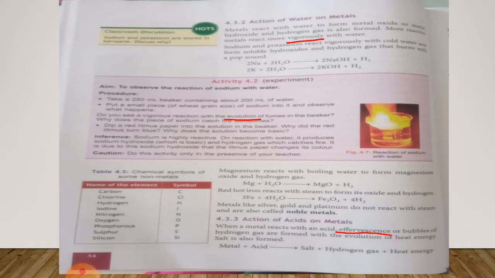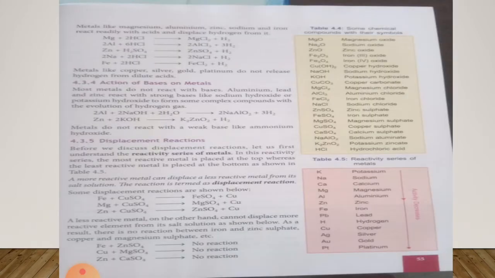Now turn this page. Metals like magnesium, aluminium, zinc, sodium and iron react readily with acid and displace hydrogen from it. So here you can see that magnesium reacts with hydrochloric acid, forms a salt, that is magnesium chloride, and hydrogen gas is evolving from this reaction.